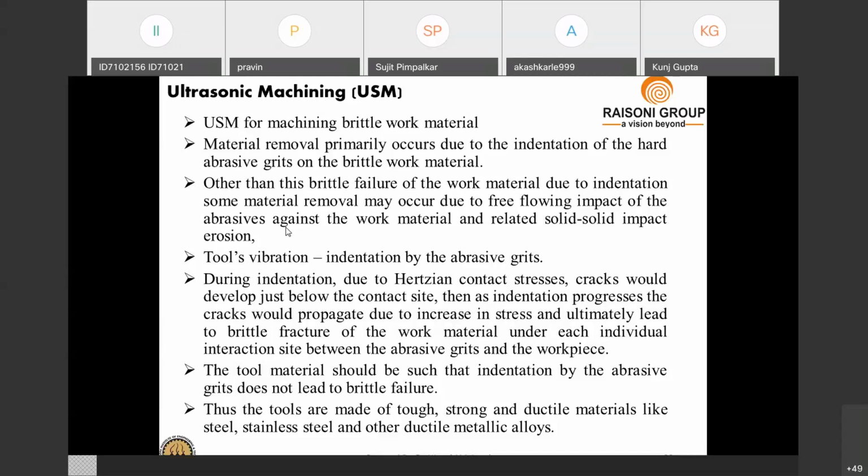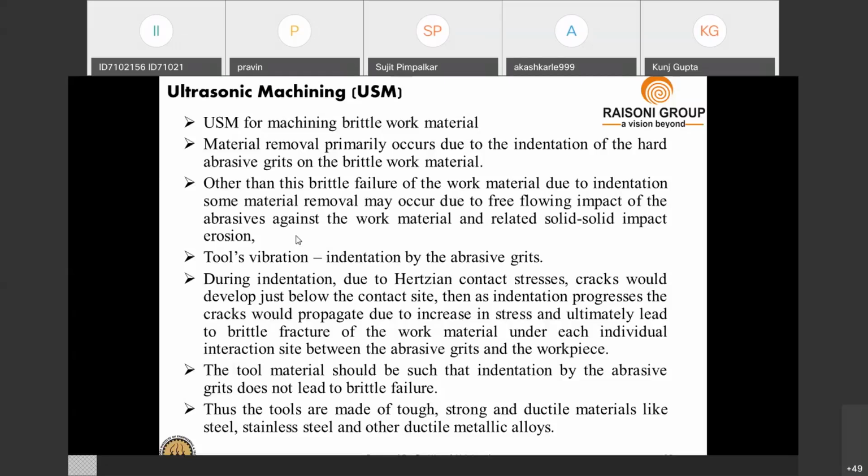So here also we use different hard abrasive grains on brittle work material, and due to the constant vibration, those vibrations will make good indentation using hard abrasive grains and material will get removed. Other than this brittle failure of the work material due to indentation, some material removal may occur due to free flowing impact of the abrasive against the work material and related solid-solid impact erosion.